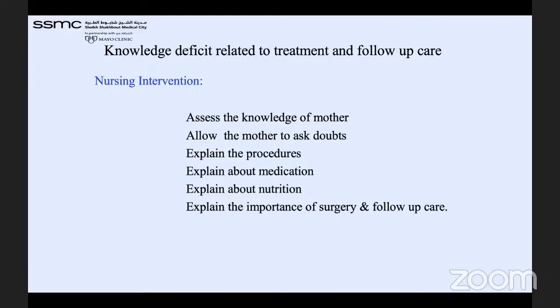For the knowledge deficit, we have to try to fill the gap as much as possible, allow the mother to ask any doubt, and explain the procedures, not the surgical procedure, but the normal nursing procedures about medications and nutrition. Explain, because they have a lot of fear of the surgery. So explain the importance of surgery and follow-up of the care.